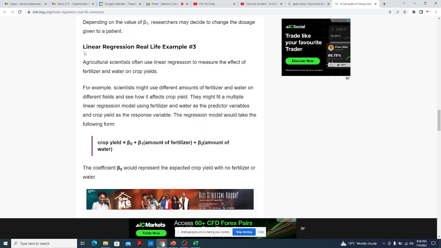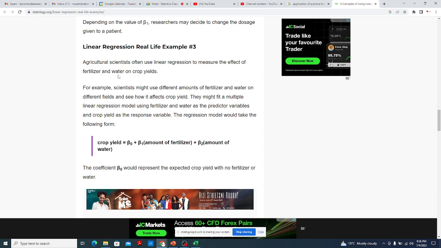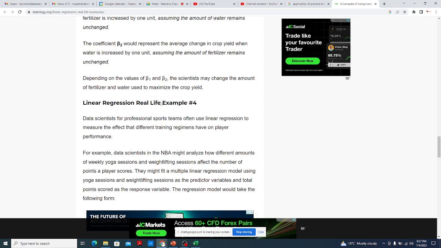Then we also have other applications. Agricultural scientists often use linear regression to measure the effects of fertilizer and water on crops. That's another example.